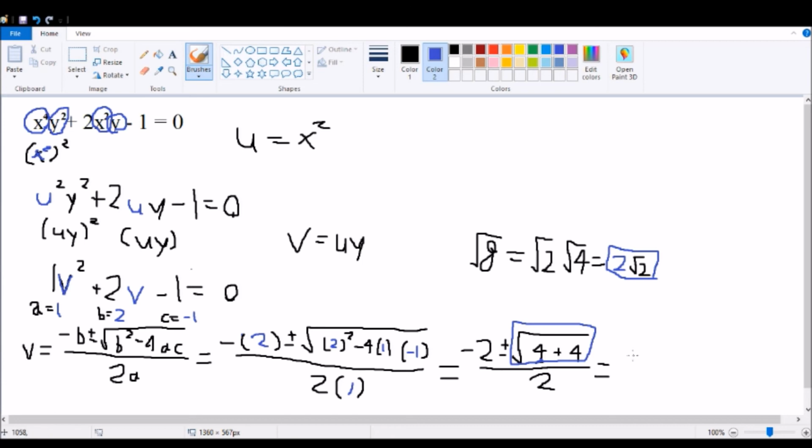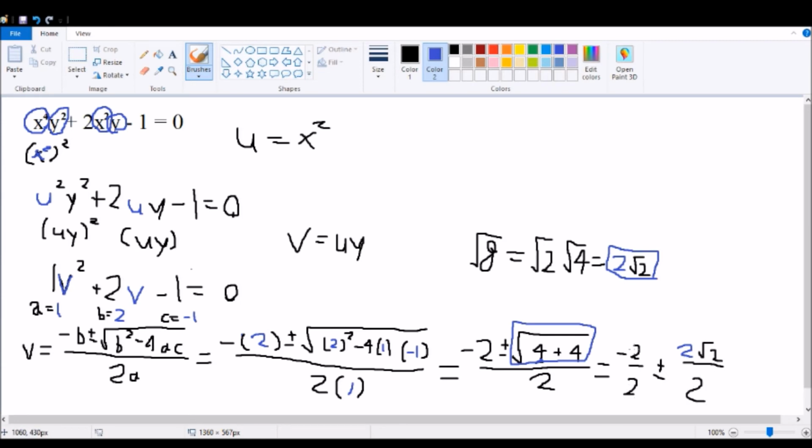So we're going to get, and let's do 2 steps at once here, because I'm not having enough space. We can have the over 2 for both of these terms right here. So we're going to get -2 over 2 plus or minus 2 times the square root of 2 over 2.